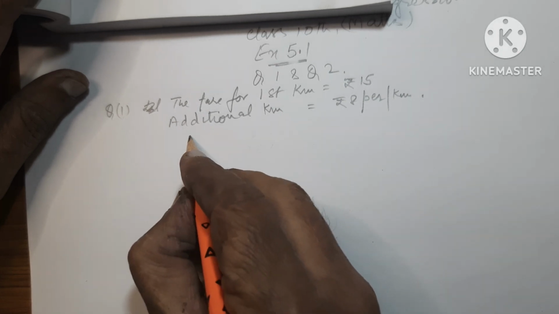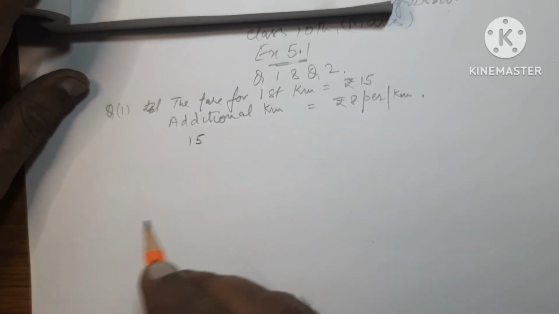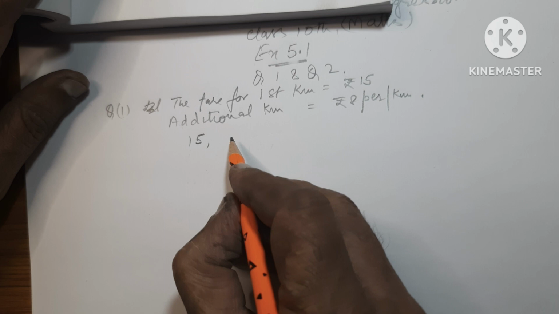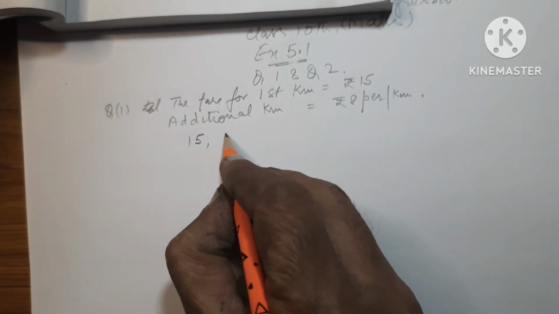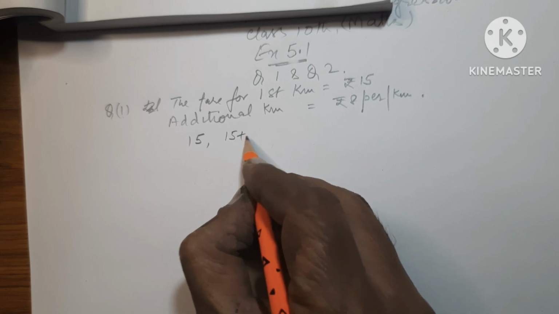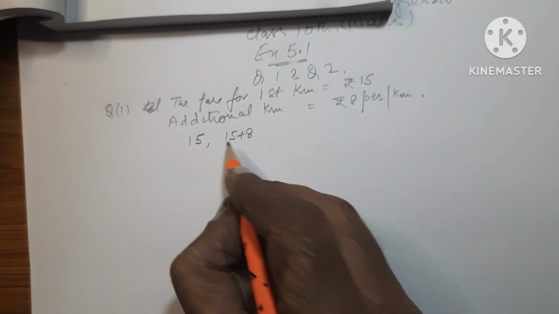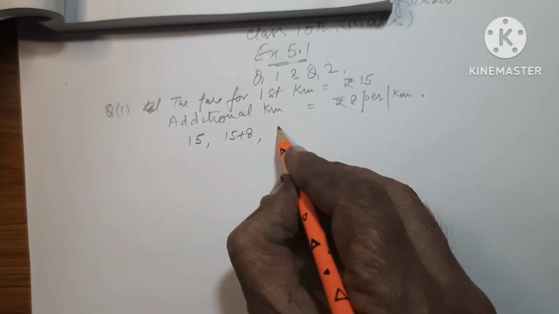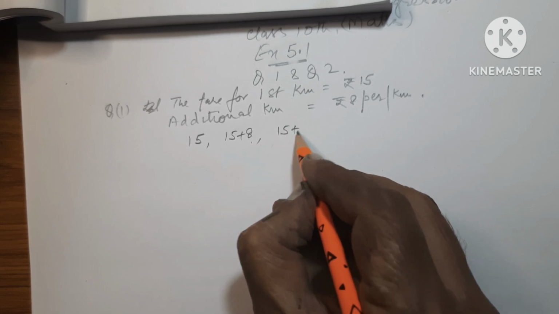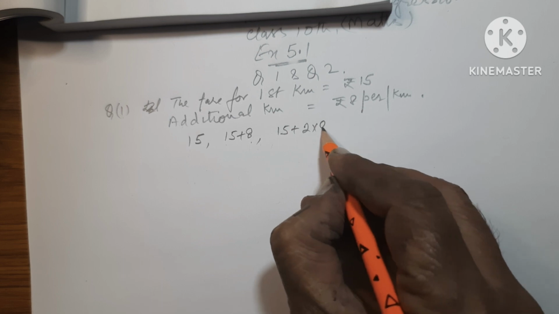First term will be 15. Then the fare for 2 kilometers will be 15 plus 8, for the first kilometer and for the next kilometer. It will be 15 plus 2 into 8.